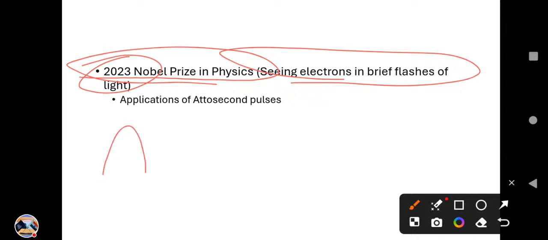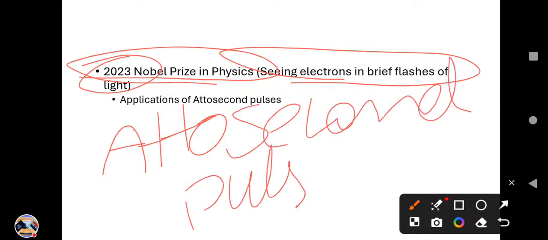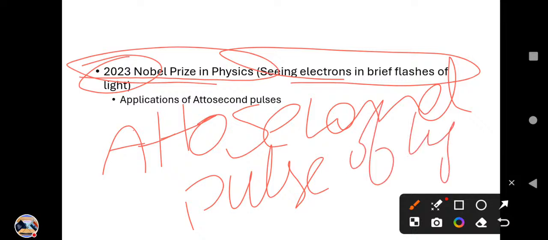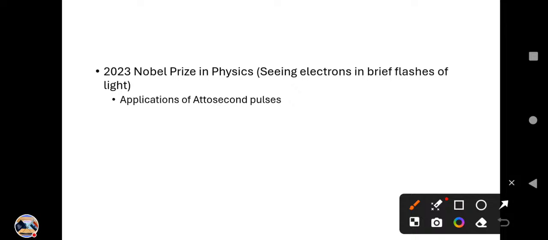Attosecond pulses of light. This is very important: for the first time electrons could be observed by scientists using attosecond pulses of light.